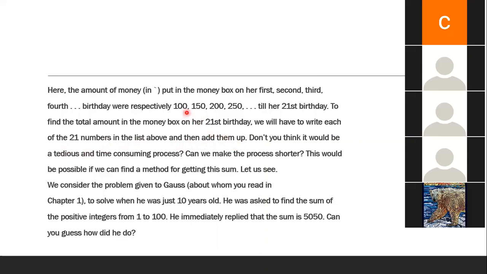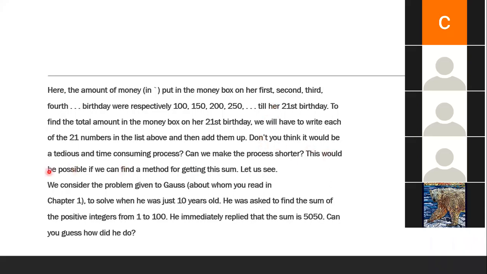So as I said, 100 is your first birthday, second birthday 150, third birthday 200, fourth birthday 250. I want the sum from 100 to the 21st birthday. If I take it to add, it will take too much time.